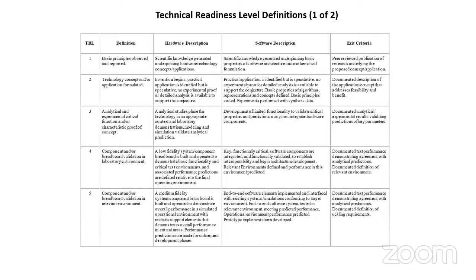The software description: development of limited functionality to validate critical properties and predictions using non-integrated software components. The exit criteria: documented analytic and experimental results validating predictions of key parameters.